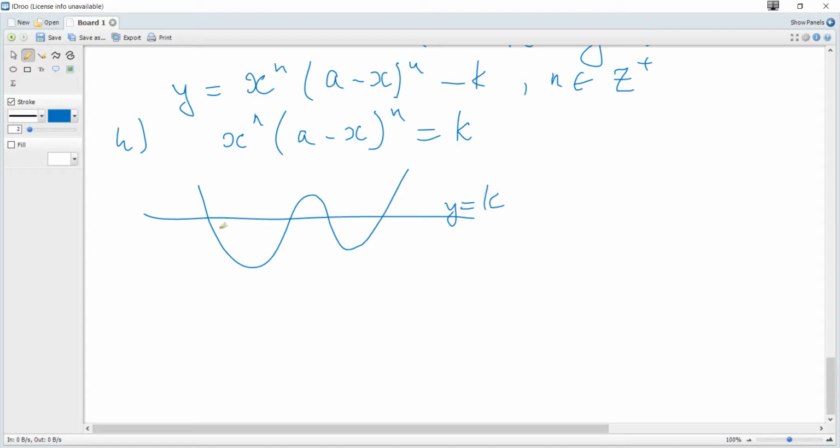Y is k, and we can see 1, 2, 3, 4 points of intersection, hence 4 roots. So there must be 1 maximum and 2 minimum points.